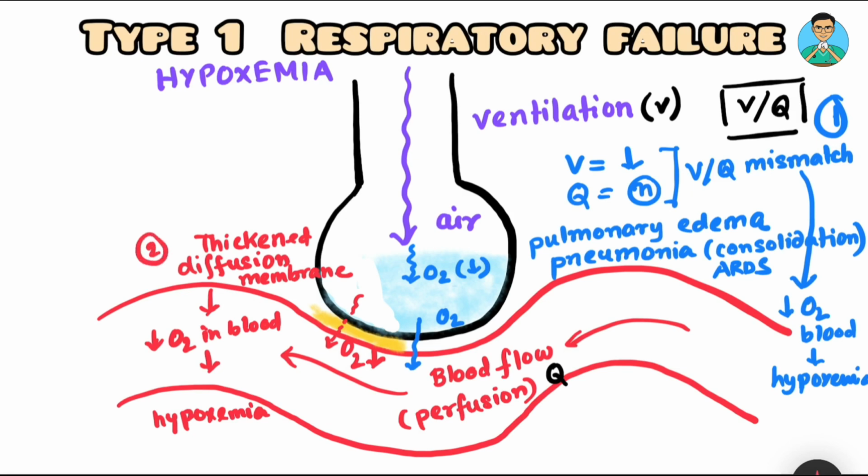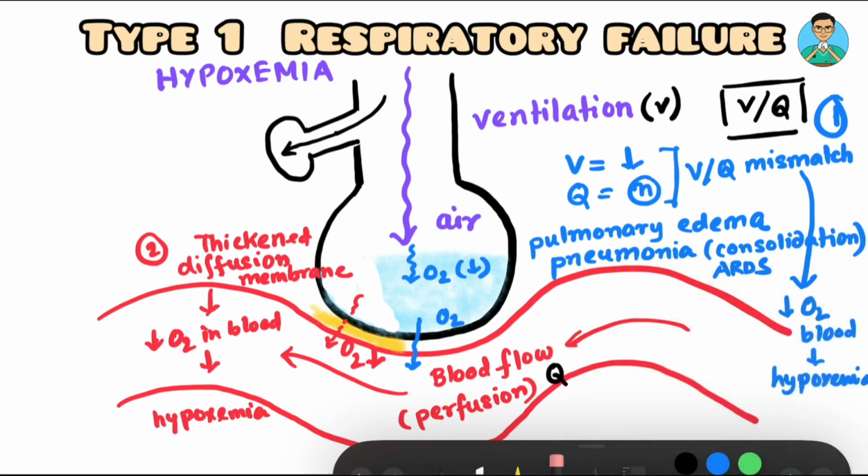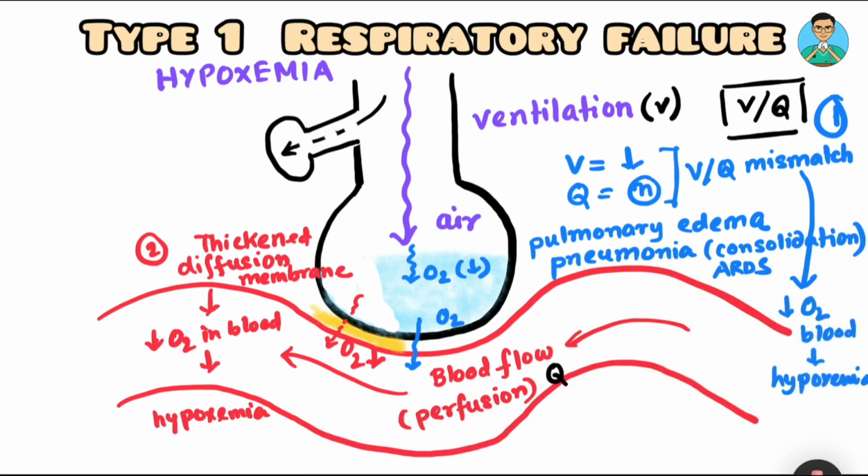Now there can be a third mechanism, that is regional alveolar hypoventilation. Suppose in one particular alveoli the air entry itself, the air that is entering this alveoli, is less in amount. So this alveoli has decreased ventilation.